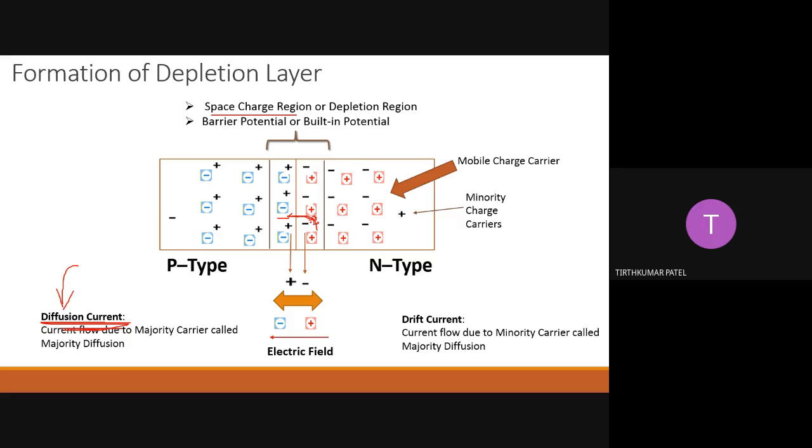Yes. As the majority charge carriers recombine, there is also a possibility that minority charge carriers are also recombining. Yes, sir. But compared to 1000, 0.1 is a very small value.